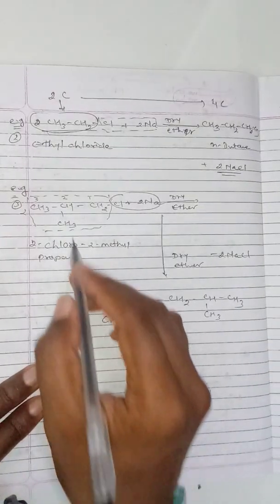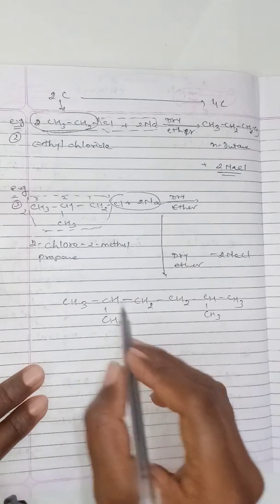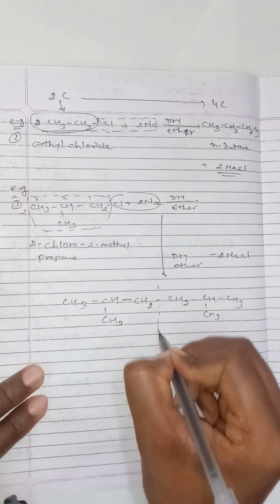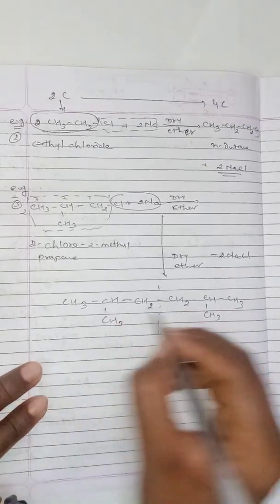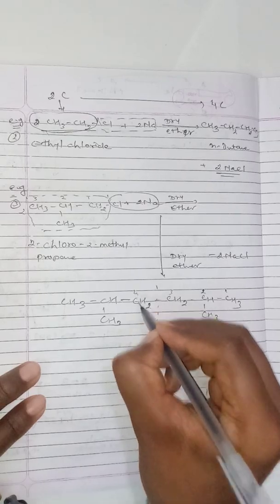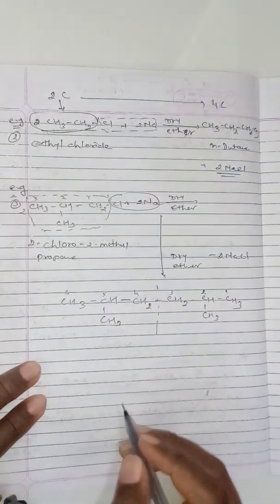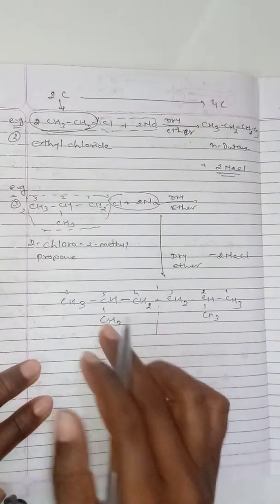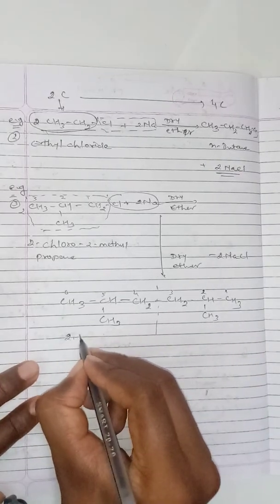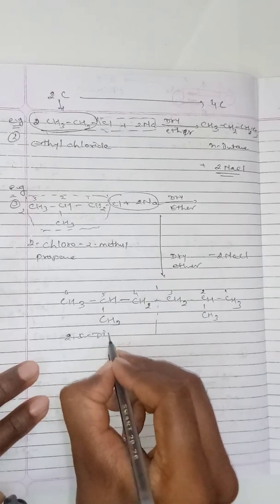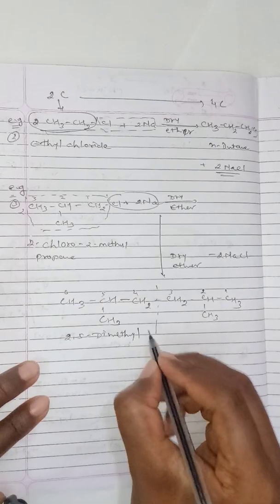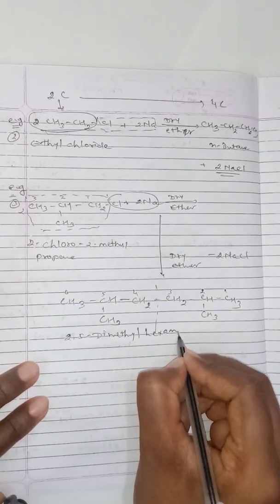So here we have only 3 carbons. This is the longest chain, and you can number 2, 3, 4, 5 and 6. On the second position and the 5th position there are methyl groups, so 2,5-dimethylhexane.